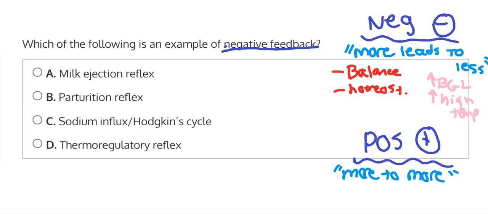After you go for a run, you feel hot, so you sweat to bring that temperature down and cool off. If your blood sugar is high, the body will secrete more insulin to bring it back to baseline. So the whole idea with this negative loop is bring back to baseline.